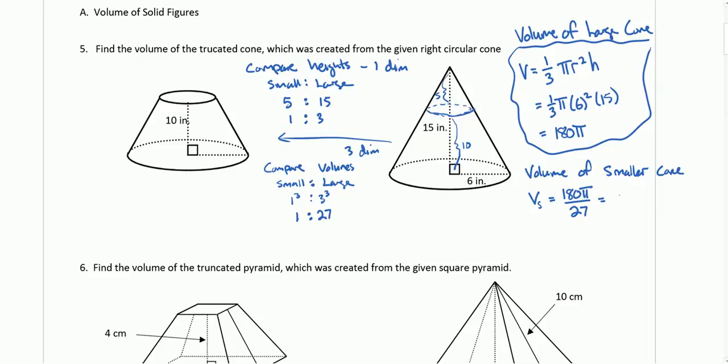And we can reduce that. If we divide top and bottom by 9, we end up with 20 pi over 3. As a decimal, we get about, I'll round it, 6.7 pi.